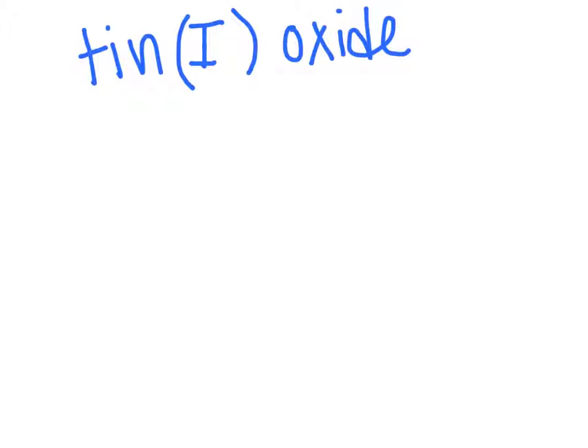Alright, one more example, so go ahead and please try to write the chemical formula for tin 2 oxide. Pause me and try. Don't be a cheater. Okay, so this tells me the charge.